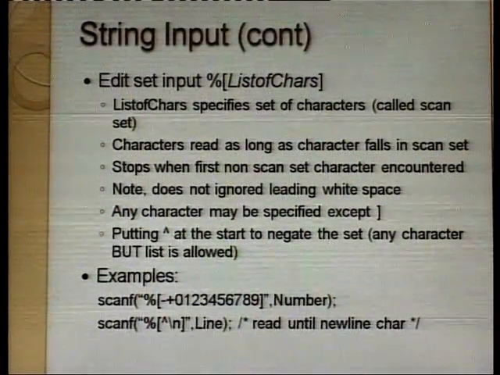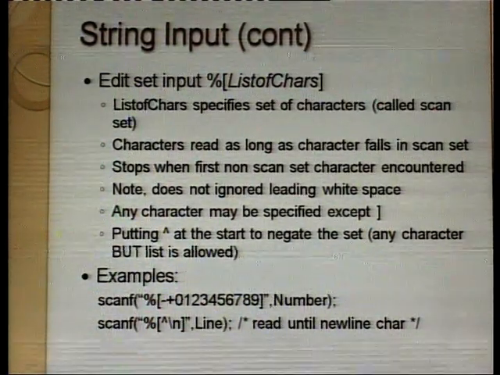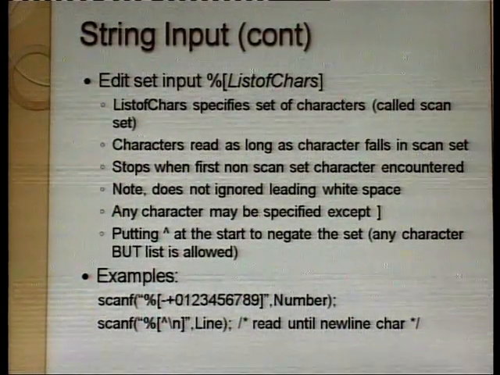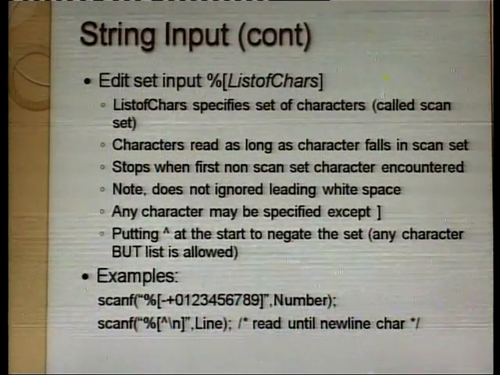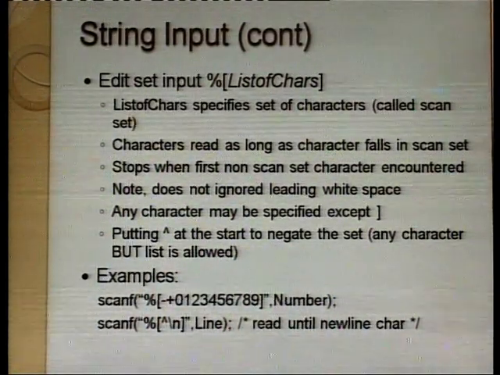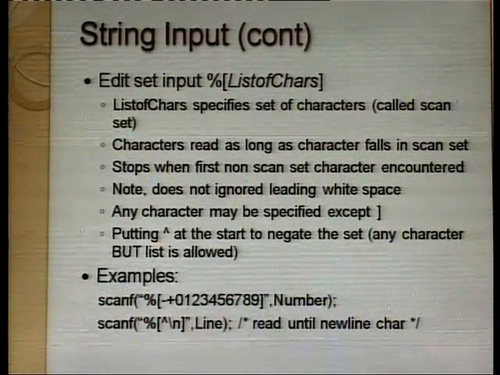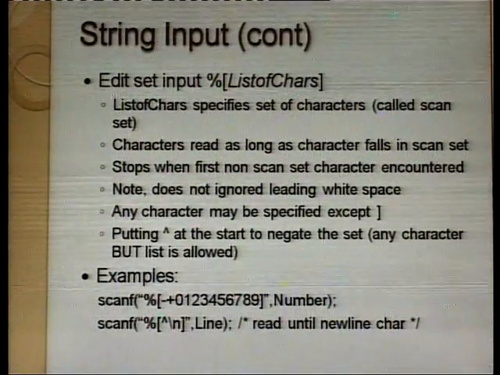The compiler starts reading the characters as long as they are in the list of characters. It stops when the first non-scan set character is encountered, that is, when the character is not a member of the list. Note, it does not ignore leading white space.